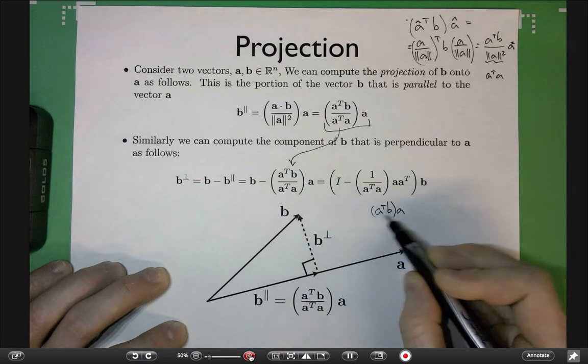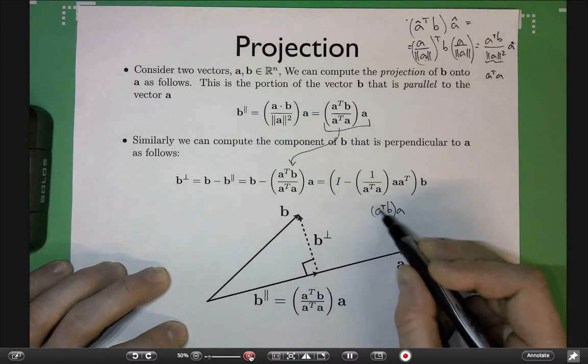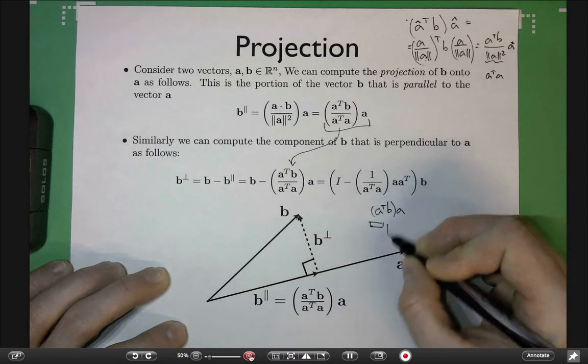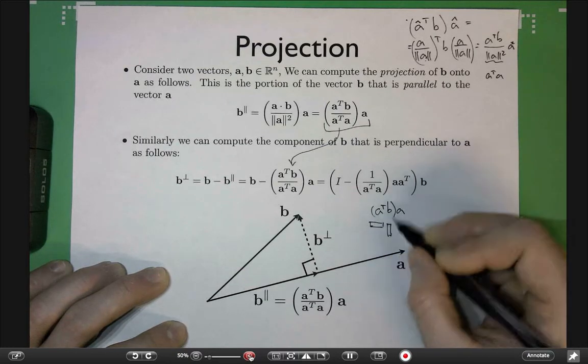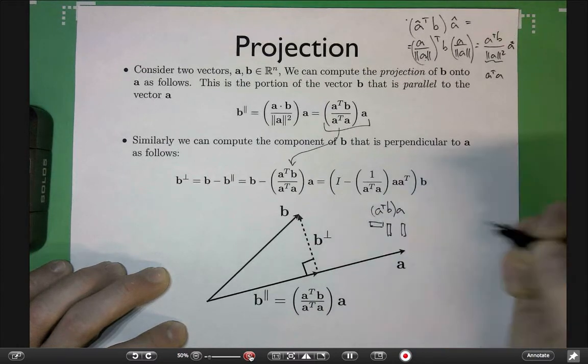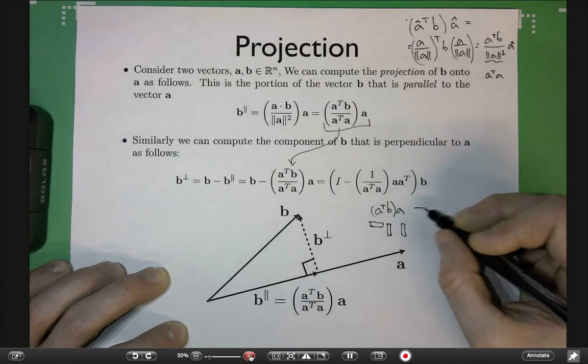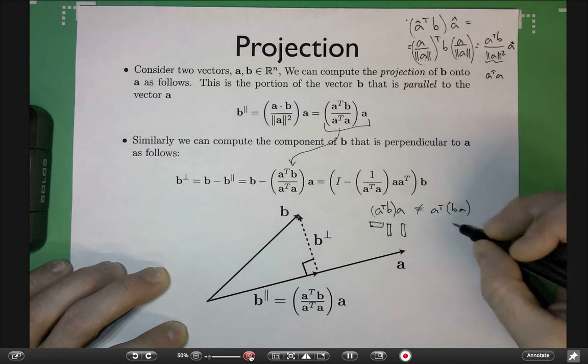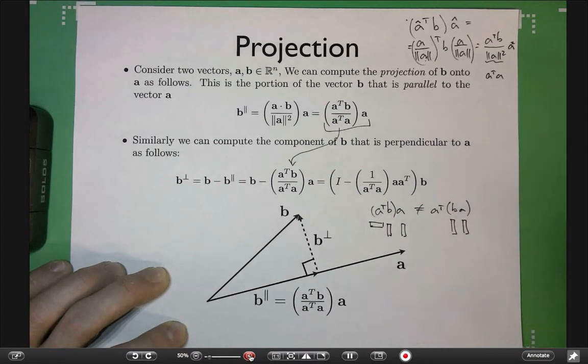So the aT makes a row vector, b stays a column vector. So this is just a scalar, right? The first thing. And this remains a column vector. So I cannot write that this would be aTba, because b and a are two column vectors and their product is not defined, right?